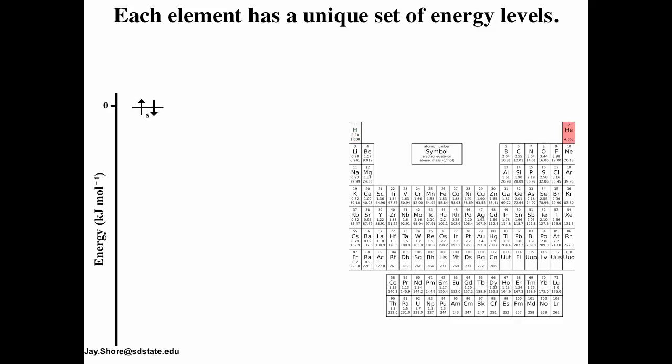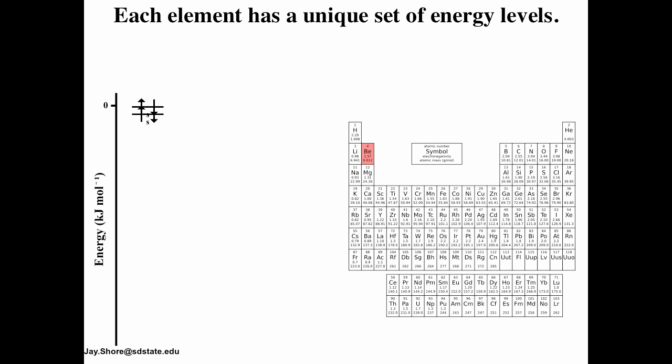And so each element has a unique set of atomic energy levels. That's because each element has a unique set of number of electrons and a number of protons. That's kind of interesting. If you notice, the 1s orbital keeps getting lower and lower as we add more protons in the nucleus, because of the nuclear charge, the stronger attraction with electrostatic interaction, and that 1s orbital.